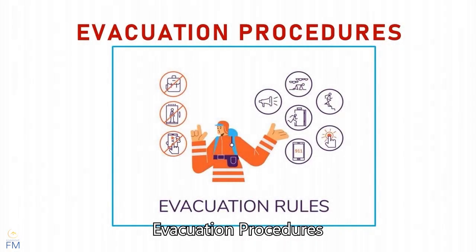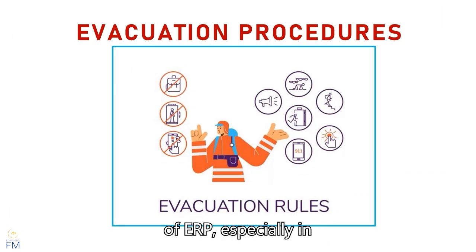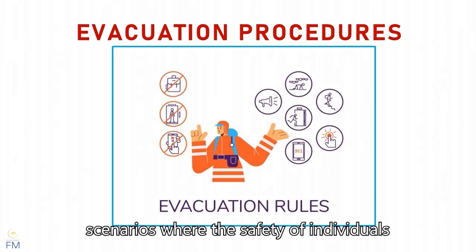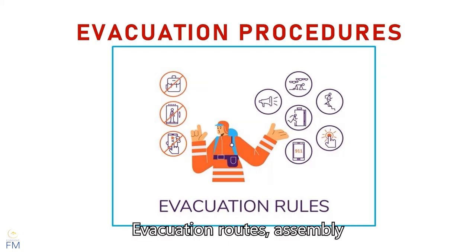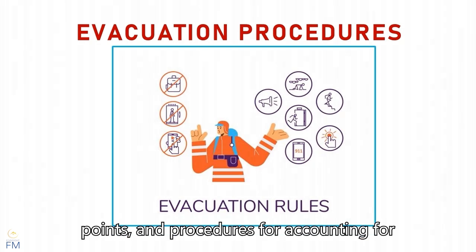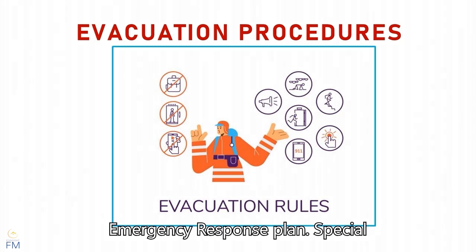Evacuation procedures. Evacuation planning is a critical aspect of ERP, especially in scenarios where the safety of individuals within the facility is compromised. Evacuation routes, assembly points, and procedures for accounting for all personnel are outlined in the emergency response plan.